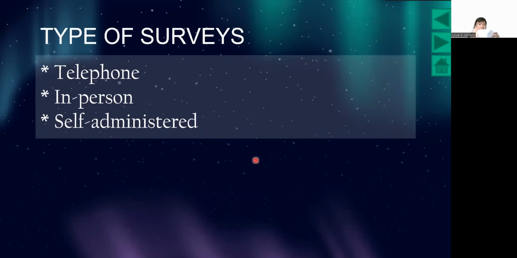So we have types of survey. Siyempre, meron pwedeng telephone, so required o telephone o cellphone. Required are phone numbers and a caller. And then in person, which involves face-to-face contact between interviewer and the respondents. And the last is the self-administered.